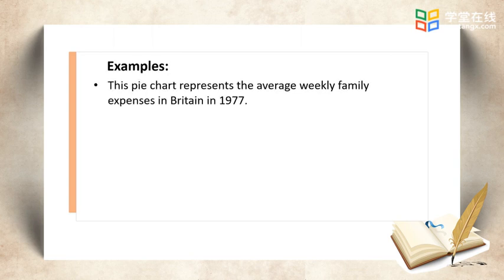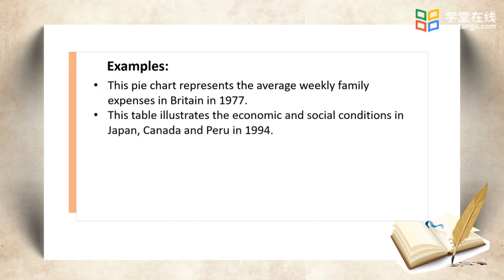This pie chart represents the average weekly family expenses in Britain in 1977. This table illustrates the economic and social conditions in Japan, Canada, and Peru in 1994.